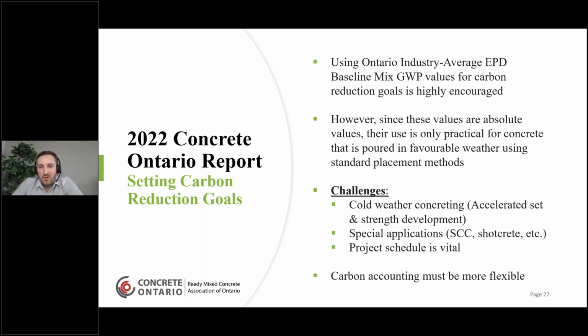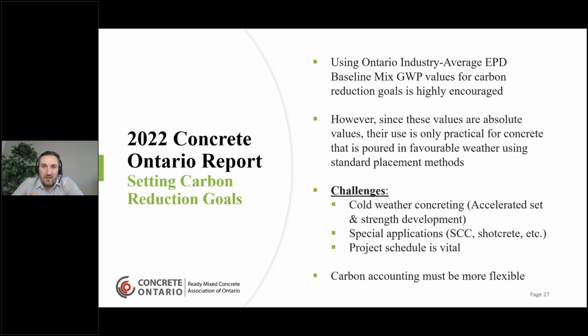Some challenges you will see as soon as you get into cold weather concreting, where you are changing the mix design, you're accelerating set, you're accelerating strength development, you're using special applications, for example, like SCC or shotcrete. The project schedule is very, very vital and something that needs to be respected.